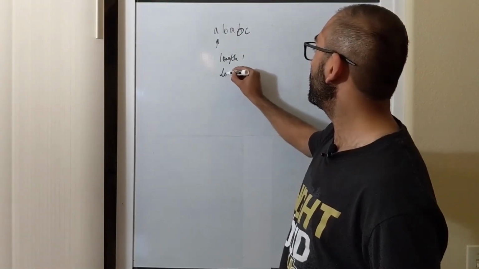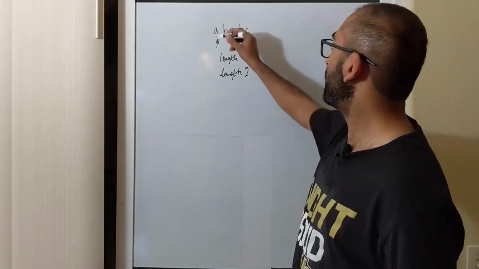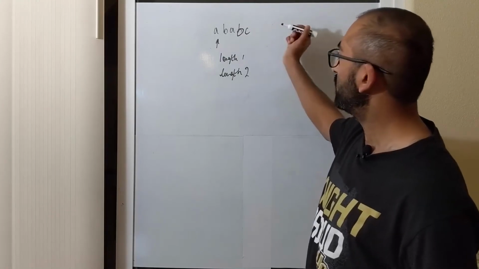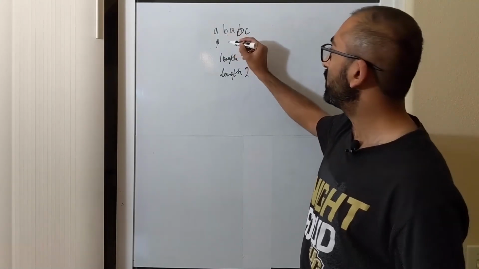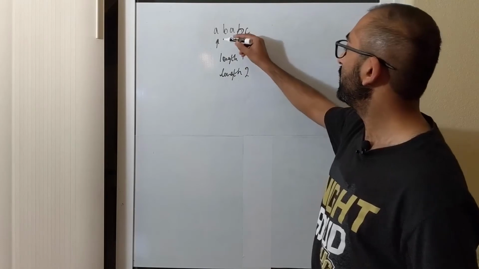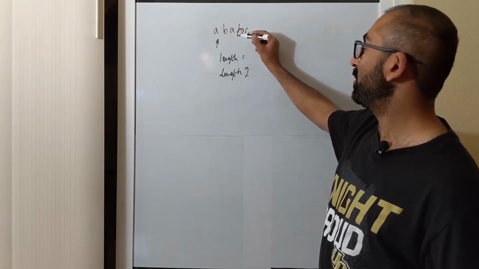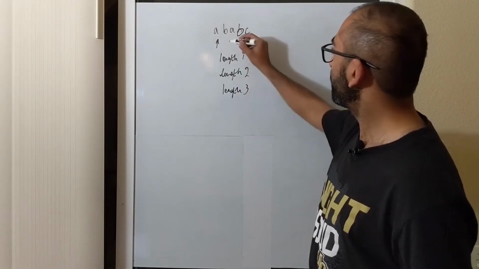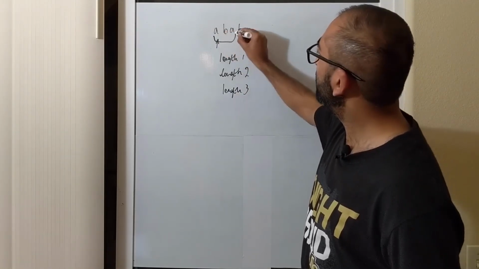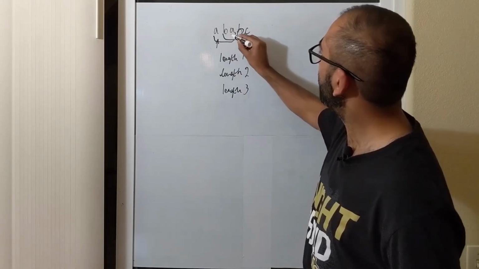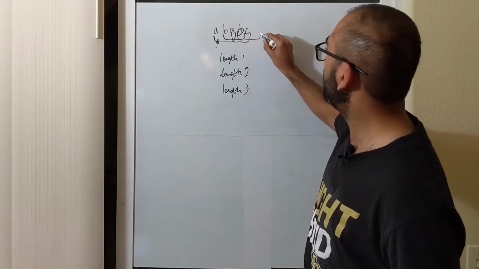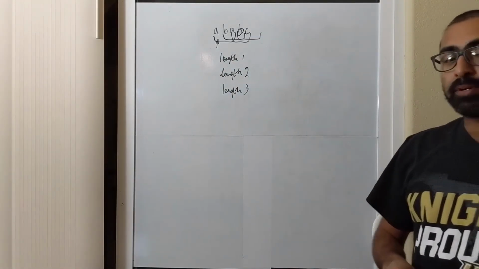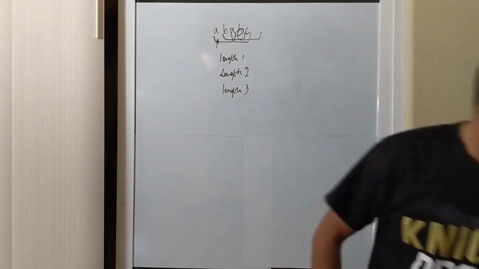And then you do length 2 starting from here, from here, from here. At that point, do you have anybody? You don't have anyone, right? A, B, no. Then you go and do length 3, and you ask, can this be a palindrome? Can this be a palindrome? And can this, no, we're out of bounds. So that would have been a pretty straightforward problem.